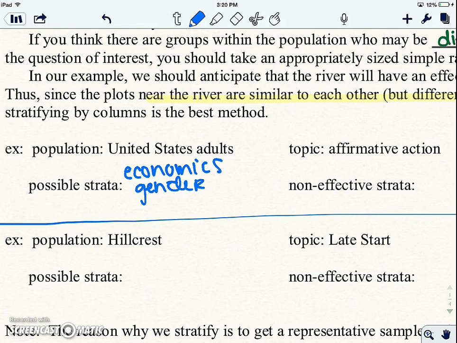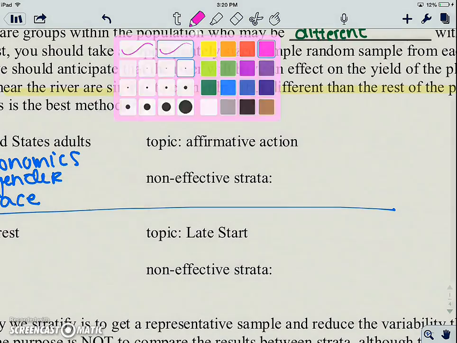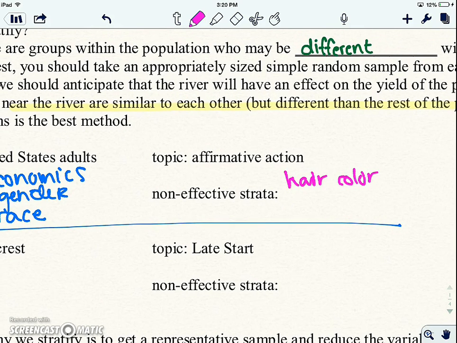And then even more obviously would be race. You could also stratify by people's hair color, but that wouldn't be effective. Or their dog preference. Okay, you could group people by those things, but that's not going to change their answers. They'll have a similar answer.